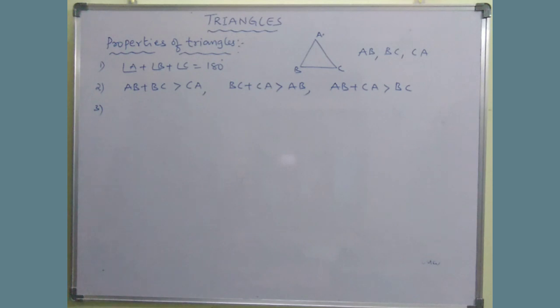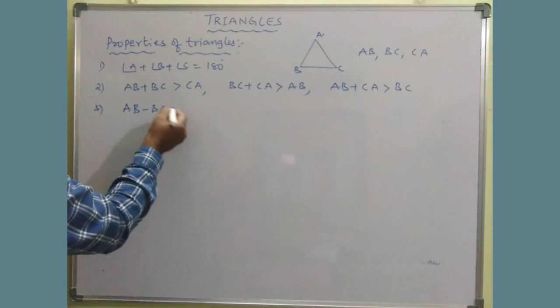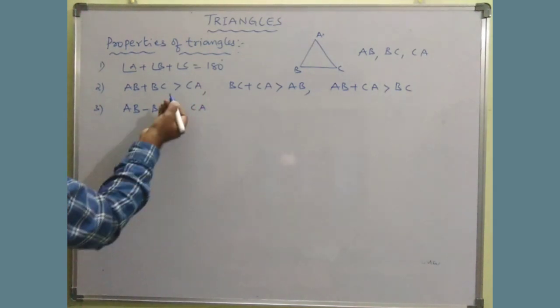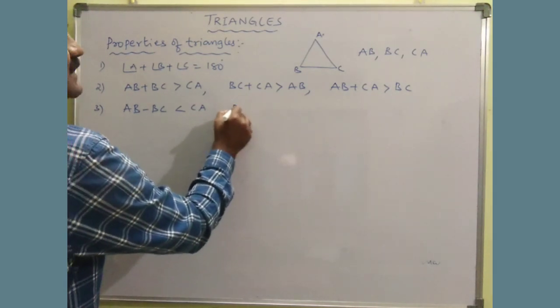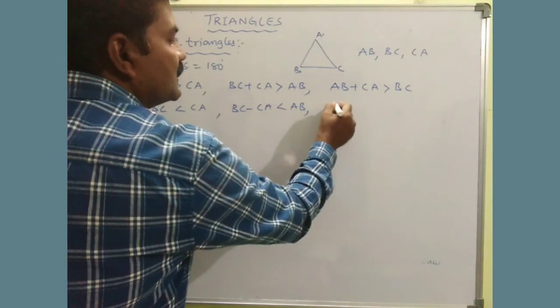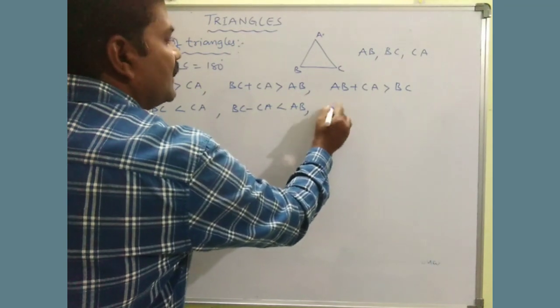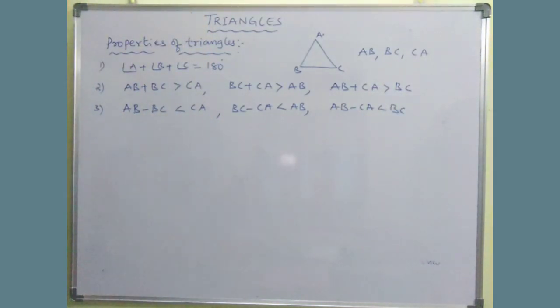Similarly, AB minus BC will be less than CA, BC minus CA is less than AB, as well as AB minus CA is less than BC. So the sum of any two sides will be greater than the third side, and the difference of any two sides will be less than the third side.